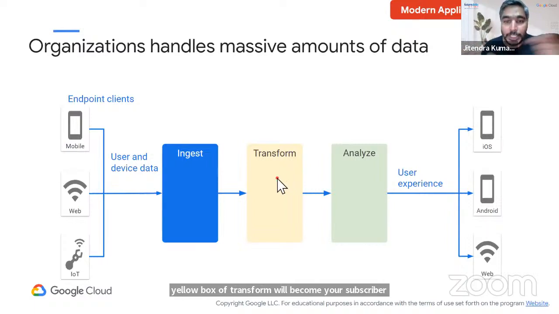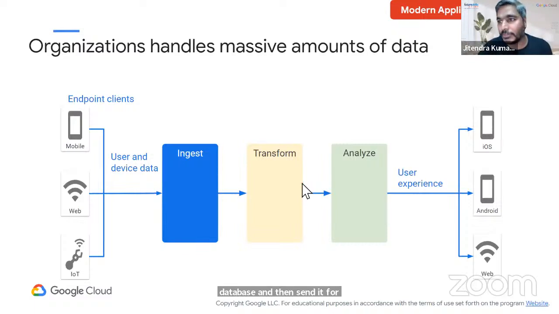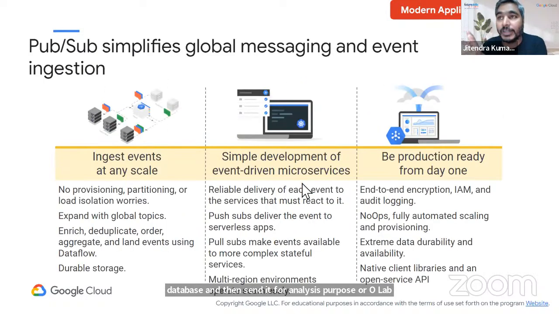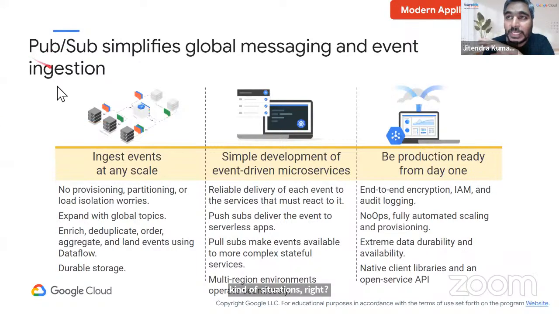So it will continue to churn or continue to eat all the messages, and then read the date, and then convert that date, store that data somewhere in a database, and then send it for analysis purposes or OLAP kind of situations, right? So that is where your Pub/Sub comes in the picture. It is basically for ingestion of data. It is a messaging service, right?